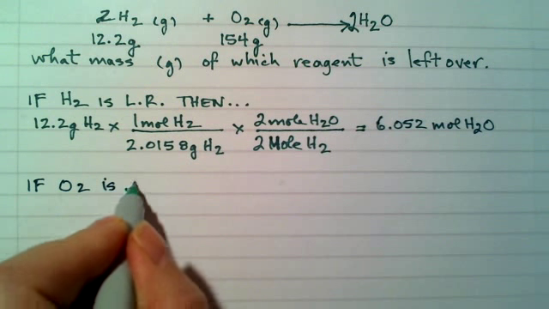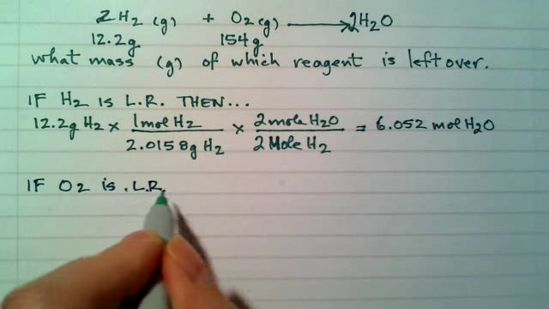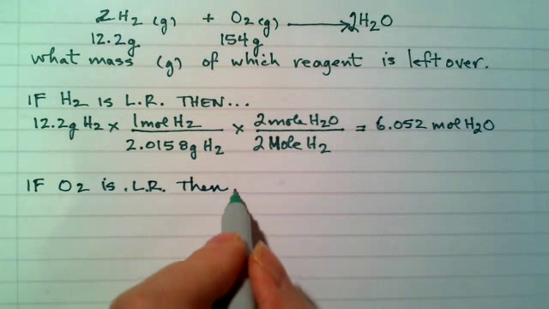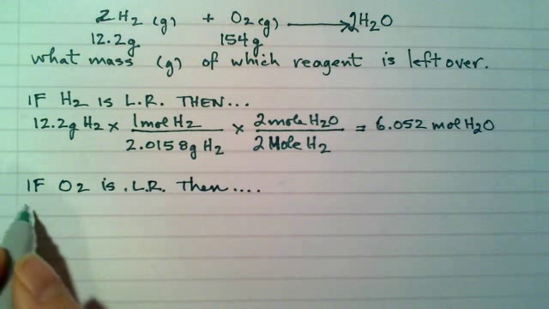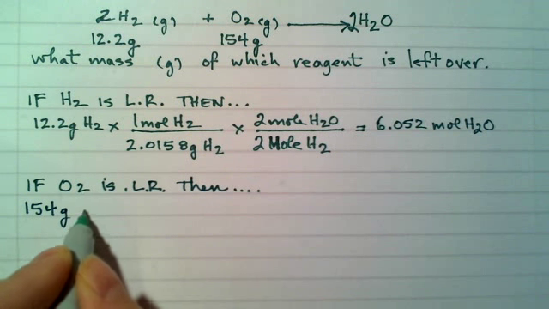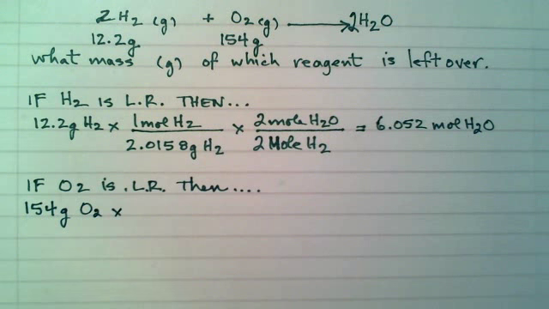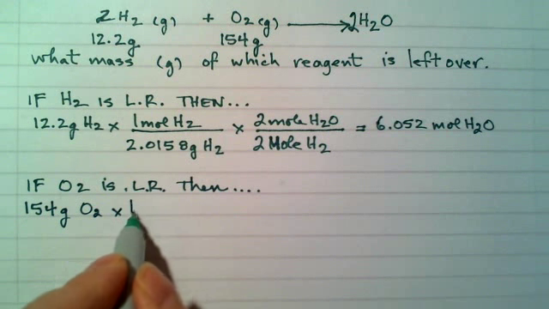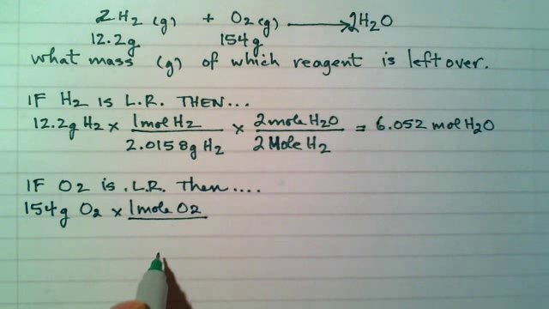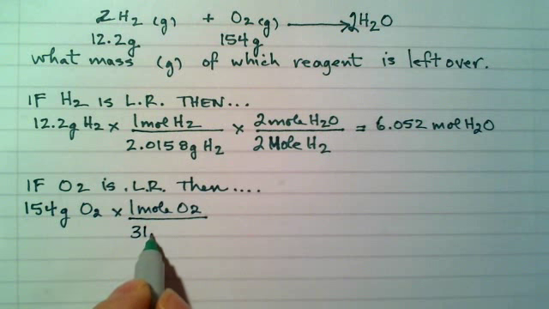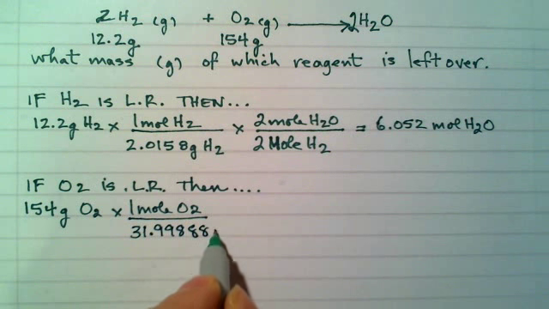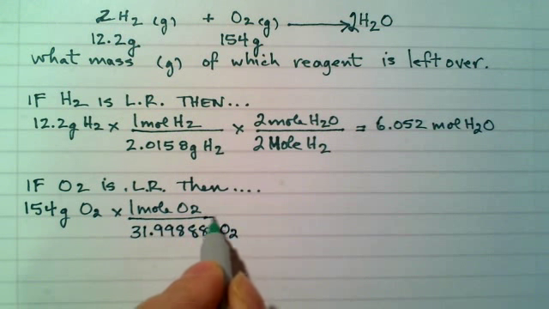Now, if O2 is the limiting reagent, which would mean H2 would be present in excess, then it would stop the reaction when it runs out. So 154 grams of O2 converted to moles, 31.99888 grams of O2 in 1 mole.